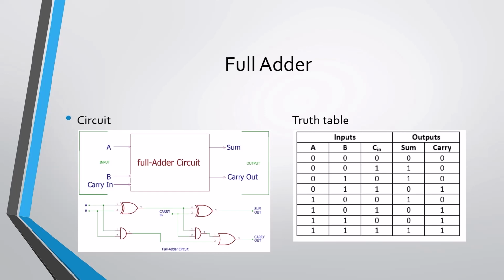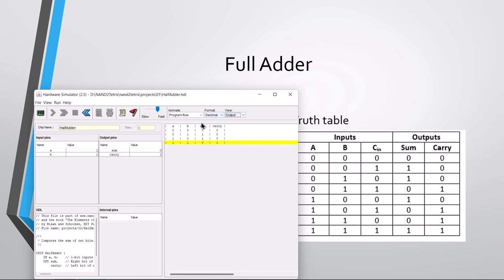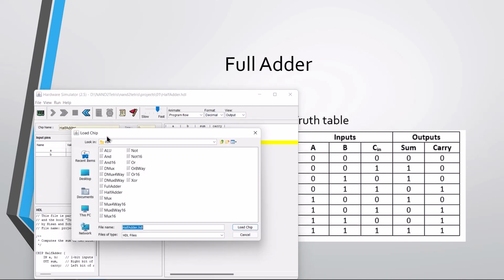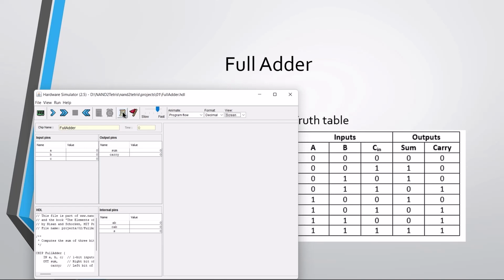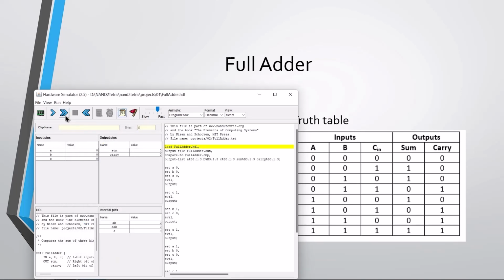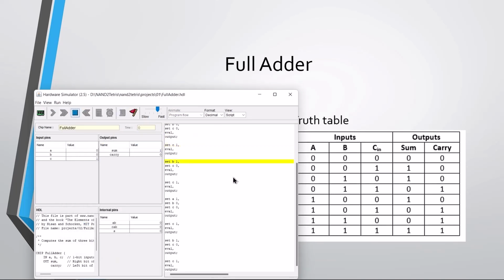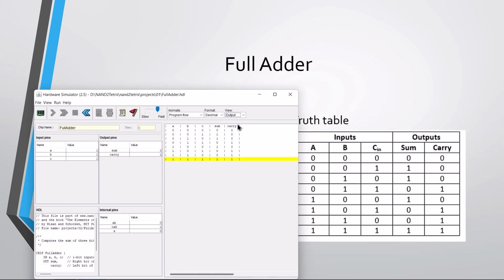The equation obtained by XOR gate is the sum of the binary digits, while the output obtained by AND gate is the carry obtained by addition. This is the circuit and truth table, and in the simulator. And we can match these.